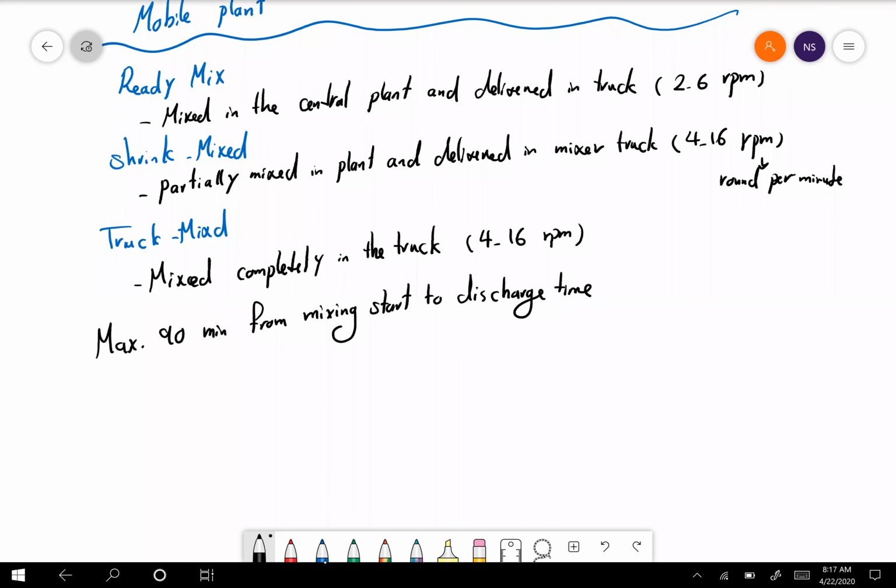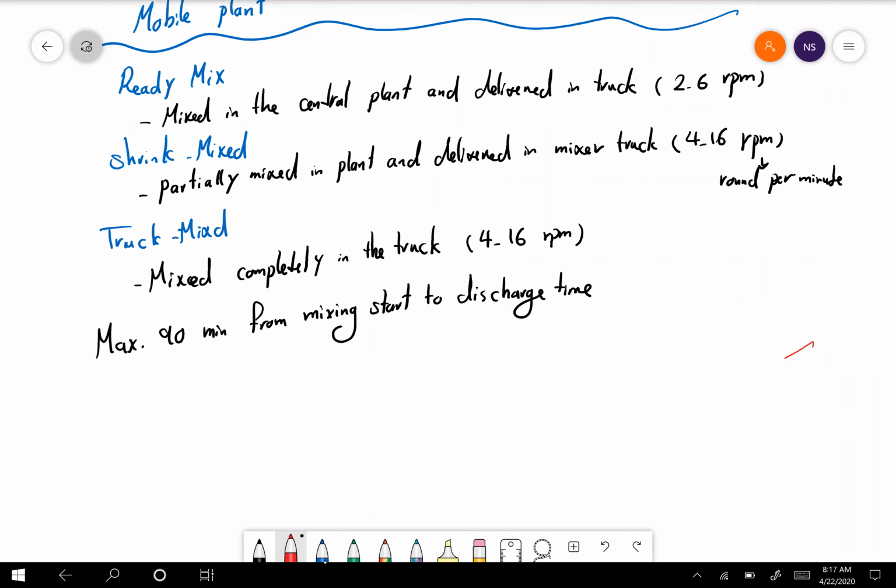Otherwise, your concrete starts to set and you don't have enough workability at the job site to place the concrete. Okay, so that's pretty much all we need to know about the batching and mixing.